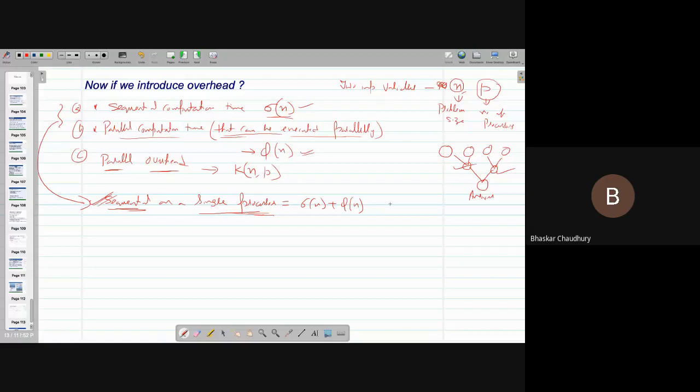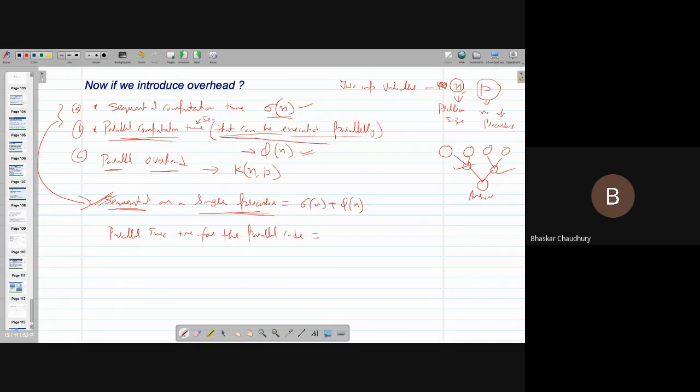Now, what will be the parallel execution time? I'm writing about the parallel execution time for the parallel code. You might have got a little confused, but I made it very clear that parallel computation time is of the serial code, which can be executed in parallel.